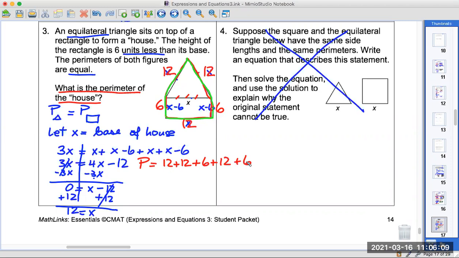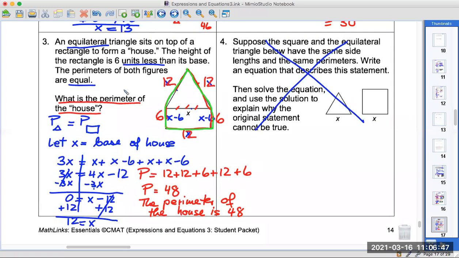And now I'm going to add them. 24, 30, 42, 48. Whatever the units are. I'm not sure, meters. Don't know what they're measuring this in, so I'm just using the number 48.